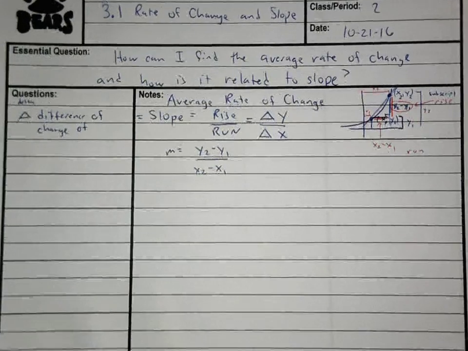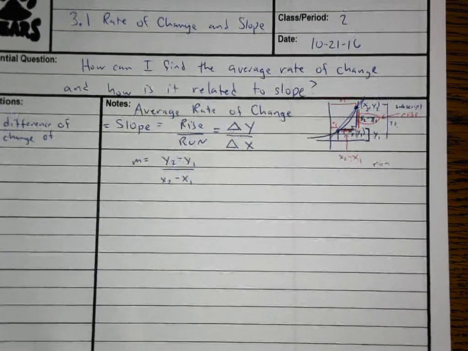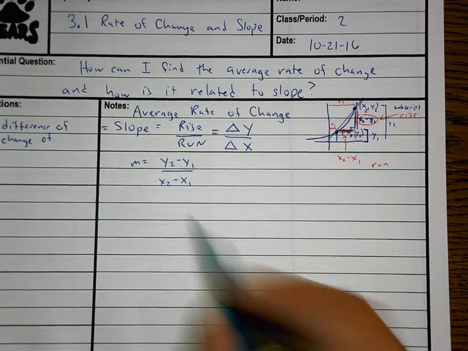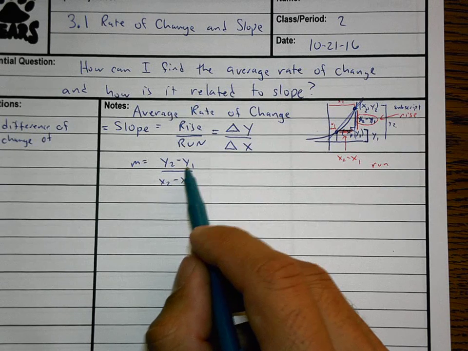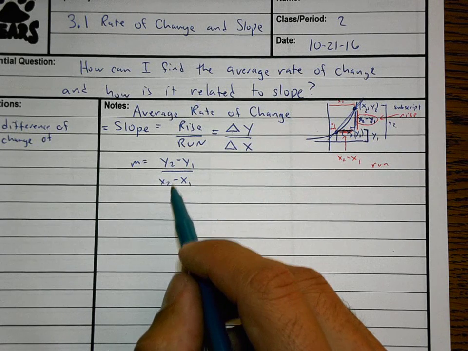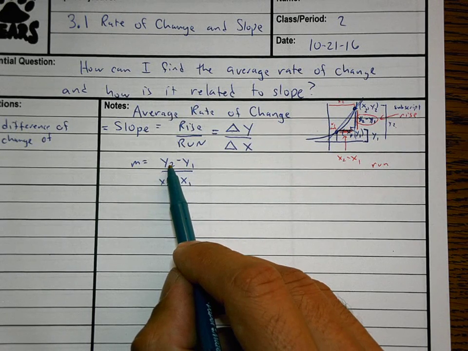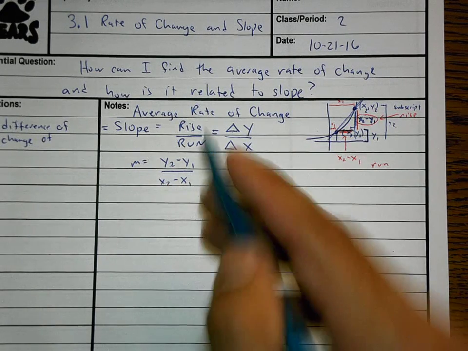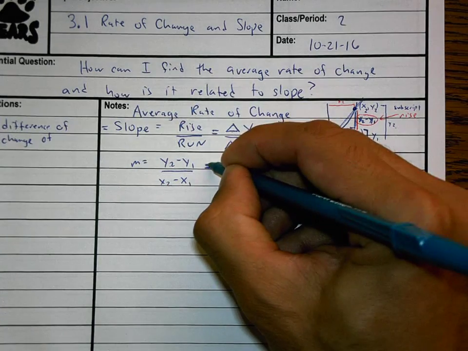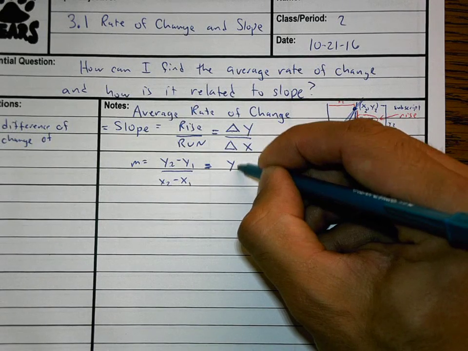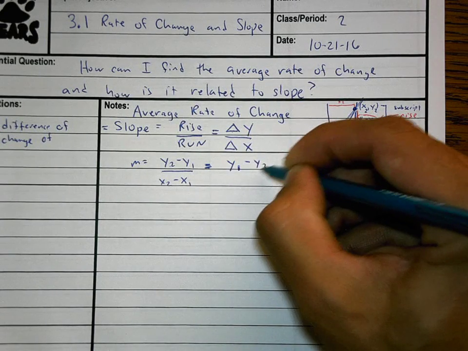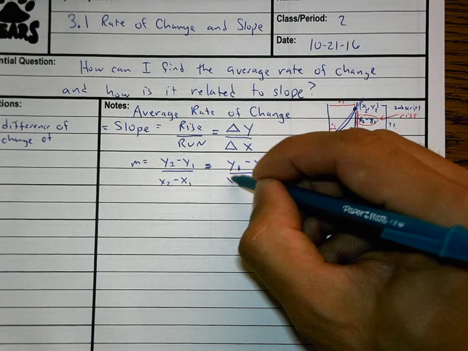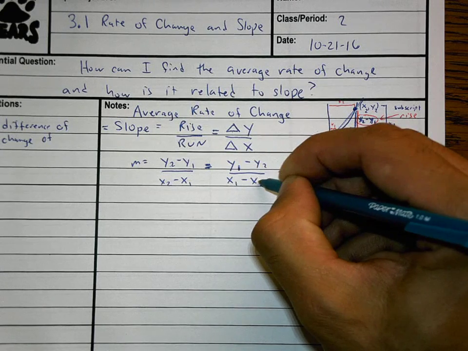We're going to use this formula all the time. y2 minus y1 over x2 minus x1. And it doesn't matter if you have y2 first or x2 first, or this is the same thing as y1 minus y2 over x1 minus x2.